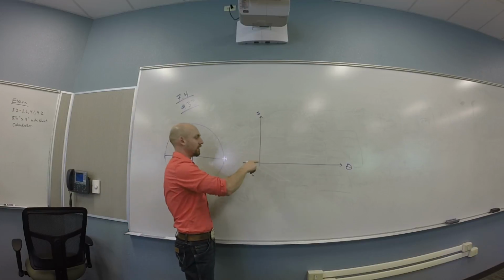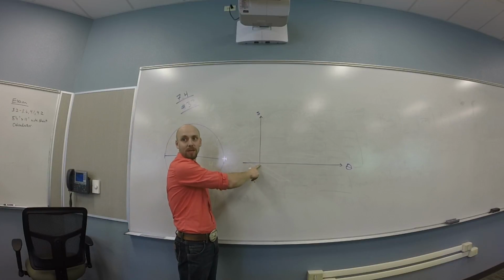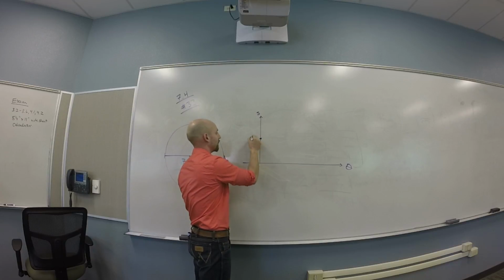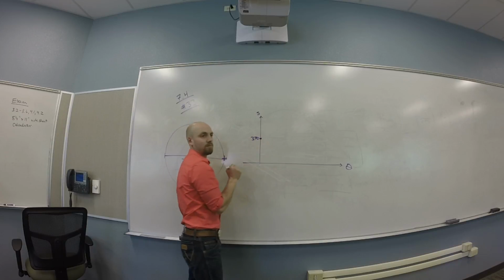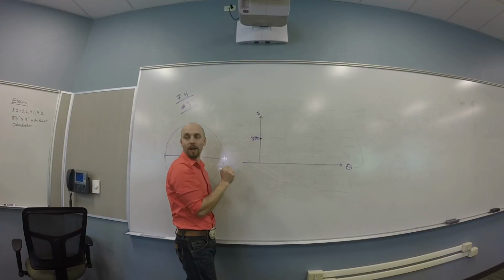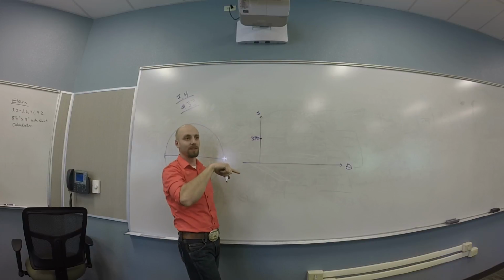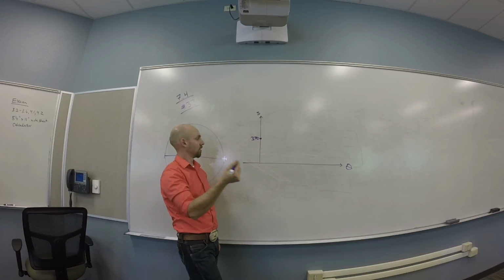So when theta is 0, how high is the thumbtack above the ground? 370. Cool. So I know that 0 in terms of angle goes to 370 in terms of height. Then what else do I know?